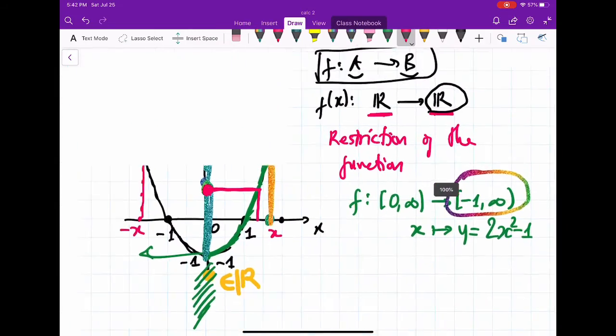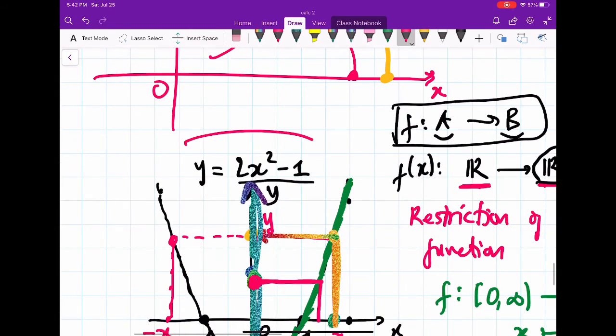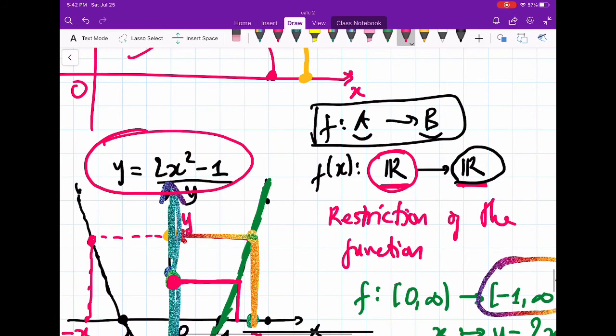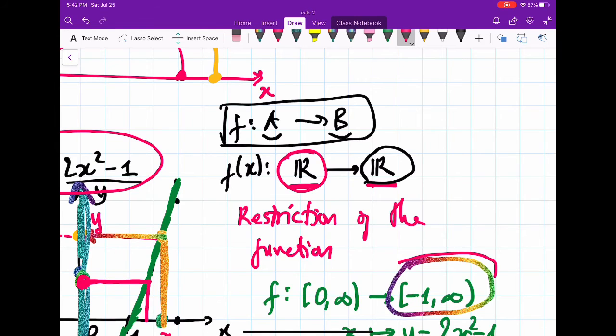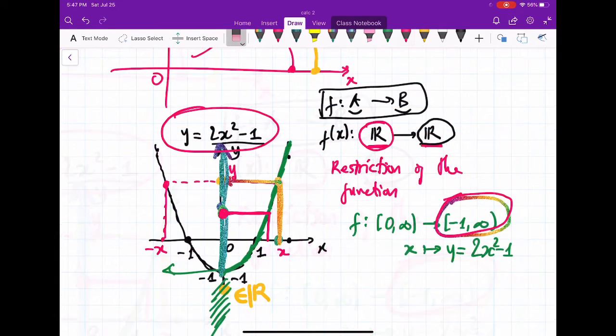All right, so you see, even if you consider just one formula, it really depends on how you define the domain and how you define the range. So you may make your function invertible. Based on this example, you can see that the function has an inverse if for each x in the domain there is only one y, and for each y in the range there is only one x corresponding to the y.